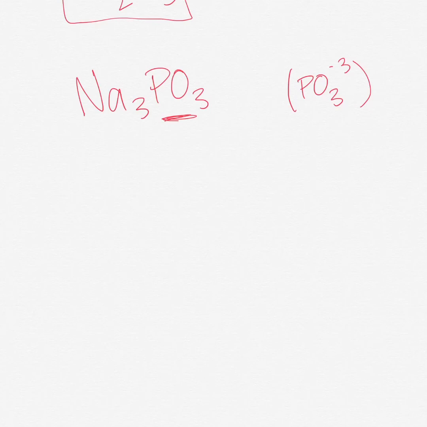Let me get my list out. Okay, so you would go look at your list. I don't think this one's on your list, but I would add it whenever you get this. So this is going to be called phosphite.